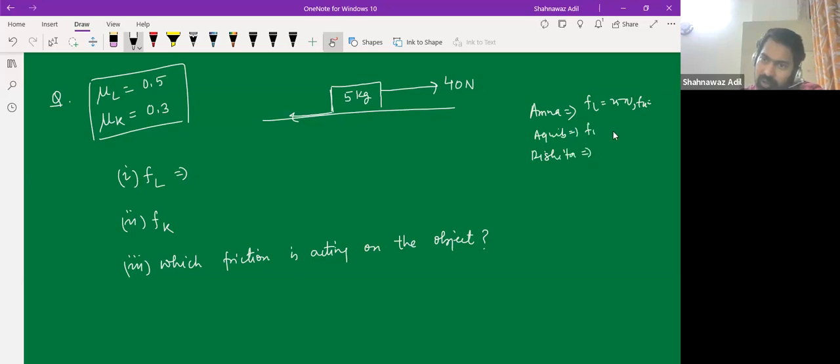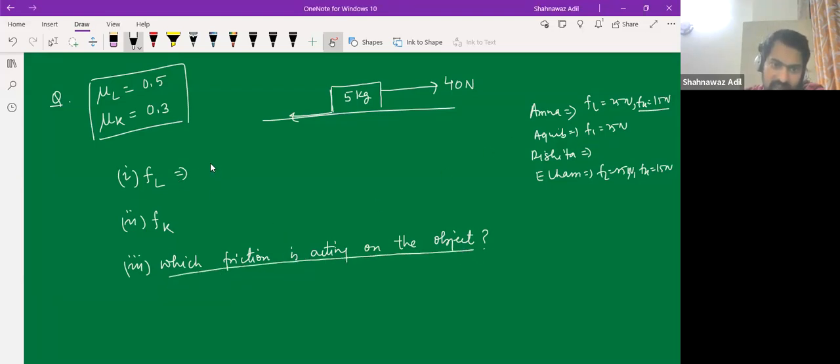I got FL as 25 and FK as 15. Elham got FL 25 and FK 15. Rishita, what about you? Sir, I didn't get it this time. No, okay, we'll do the problem. Right, good.